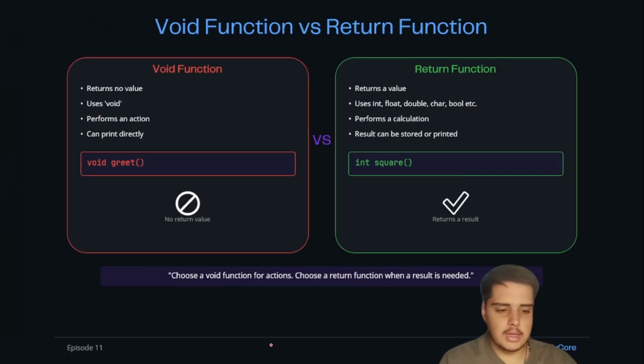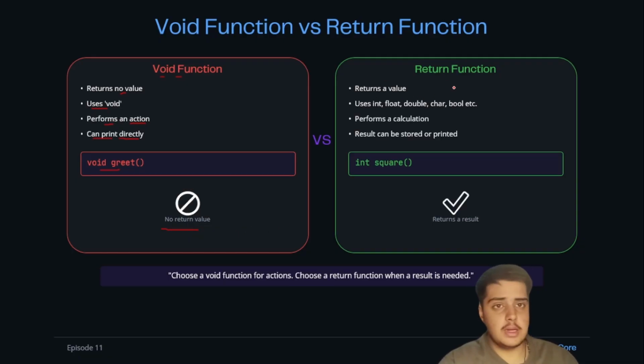Coming next, void function versus return functions. Void functions return no value, use void, perform an action and can print directly. Example: void greet, no return value was required.